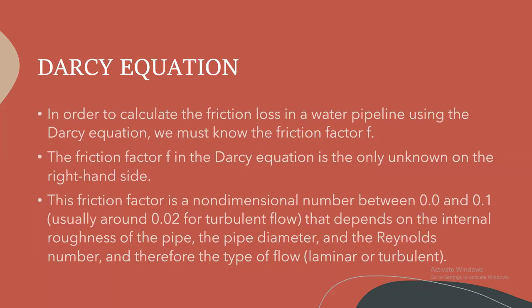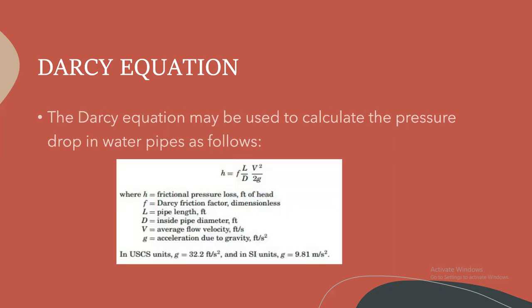In order to calculate the friction loss in a water pipeline using the Darcy equation, we must know the friction factor, F. So in order for us to calculate this frictional pressure loss, we need to know the F. Because usually you know the length of your pipe, you know the diameter of your pipe, you know the required velocity, or if you know your volumetric flow rate, then you can convert back to the velocity.